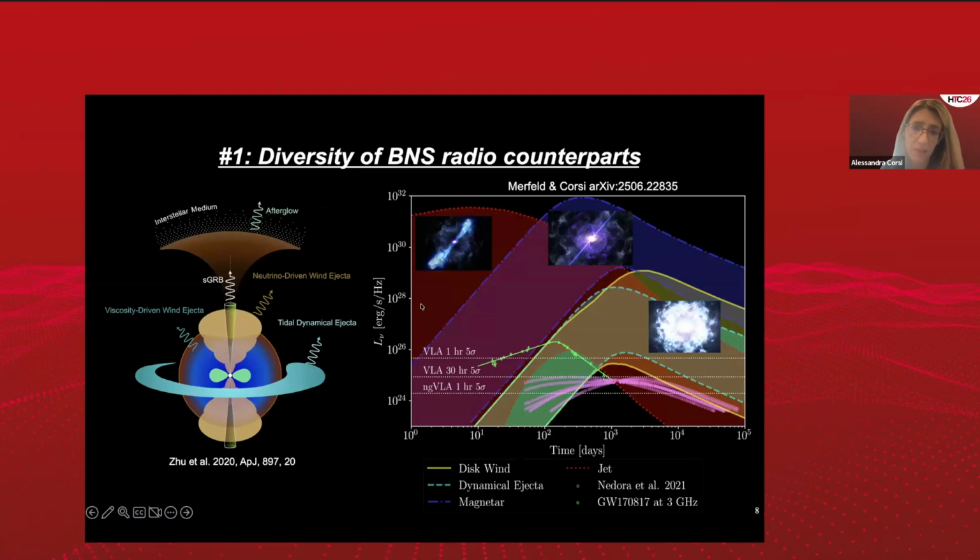These represent the uncertainties that you could have. For example, that red area is a jet emission that could be seen either on axis, so very bright, or off axis, much dimmer. And potentially, if a neutron star survives after the merger, it can pump energy into the ejecta, so you can see brighter emission.